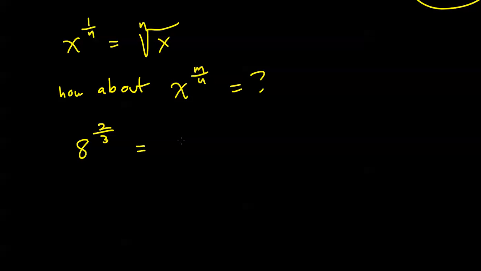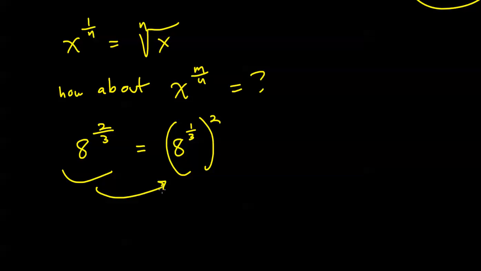I claim I can break up that exponent as 1/3 times 2, and I know when I take a power of a power, I multiply the exponents, right? So I can rewrite this expression as this expression. It's 8 to the 1/3 power, all raised to the 2.